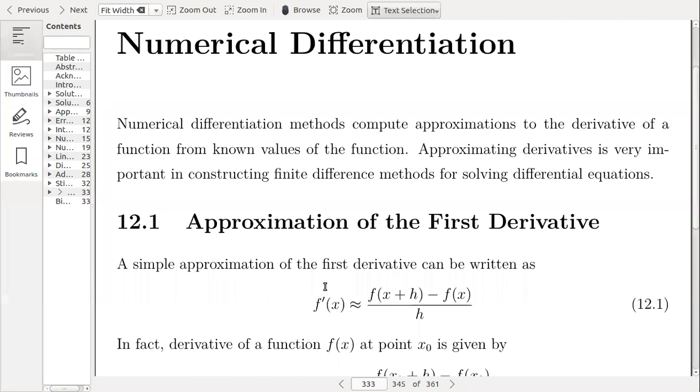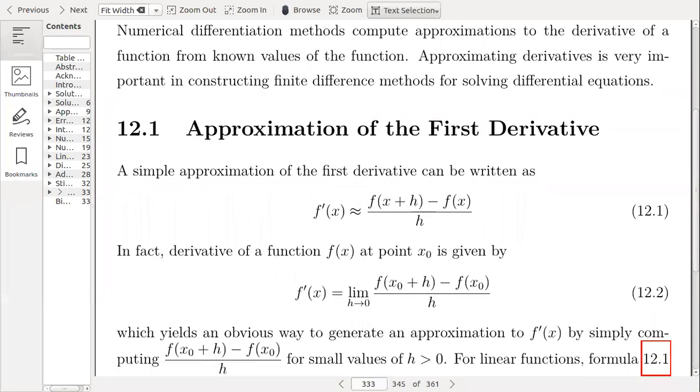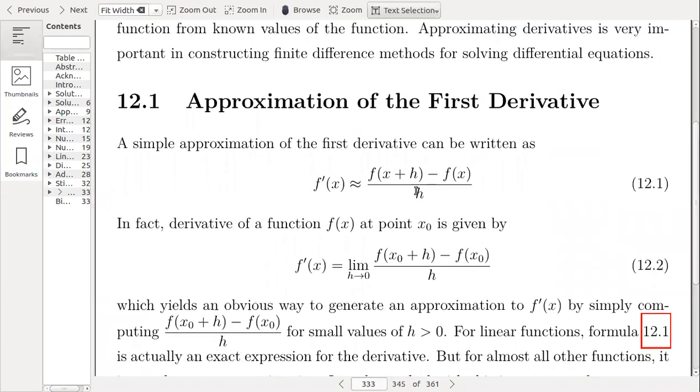So a simple approximation of the first derivative can be written, by definition, as f of x plus h minus f of x over h, for a small positive number h. This is the definition of the first derivative. Actually, f of x plus h minus f of x is the difference of two points in the range, and x and x plus h are two points in the domain.